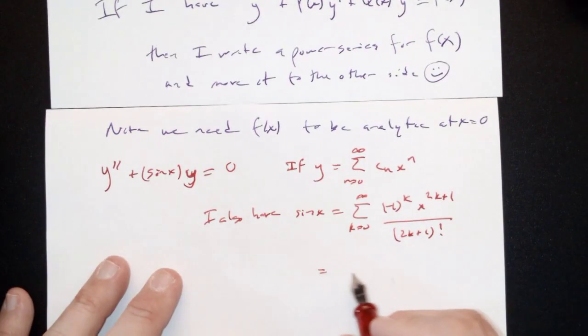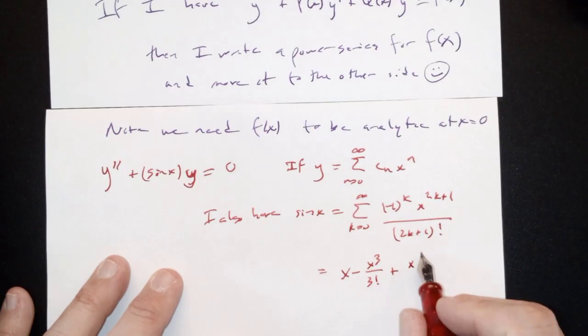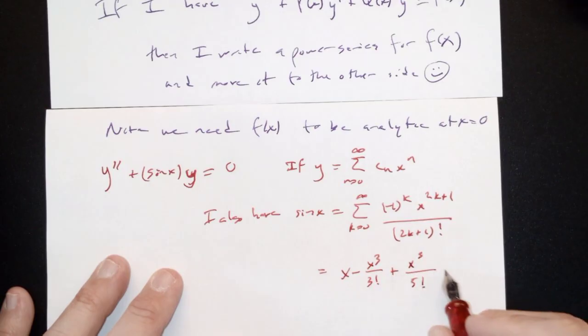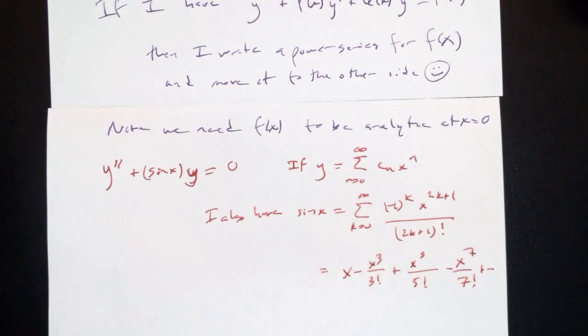Which is the same as x minus x cubed over 3 factorial plus x to the 5th over 5 factorial minus x to the 7th over 7 factorial and so on. I could actually multiply these two power series together, as disgusting and gross as that sounds.